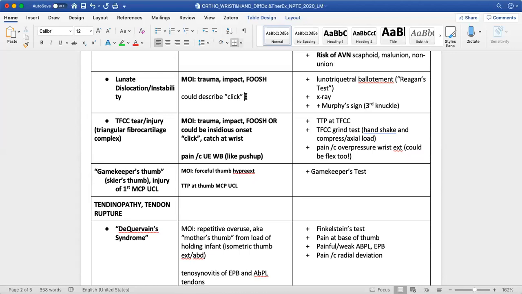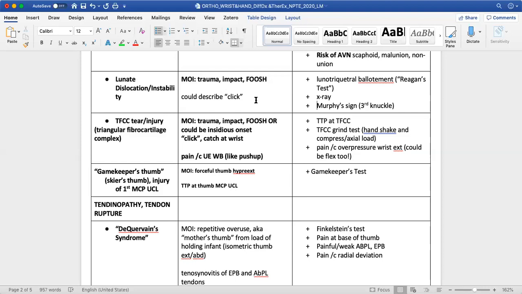Hyperlaxity, rupture, trauma would probably be the most likely cause of this instability, where you have an injury to that ligament that holds the lunate a little bit more stable. So mechanism, like we said, is going to be trauma. These individuals could describe a click or a shifting sensation at the wrist, where they feel a little bit of movement of that carpal.